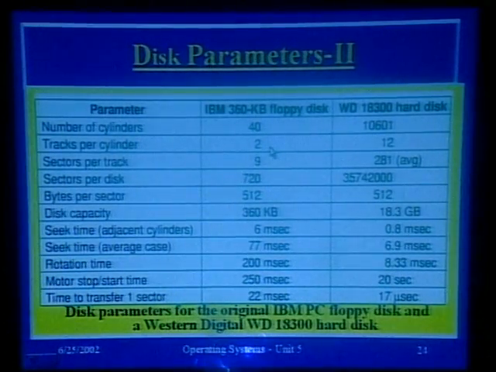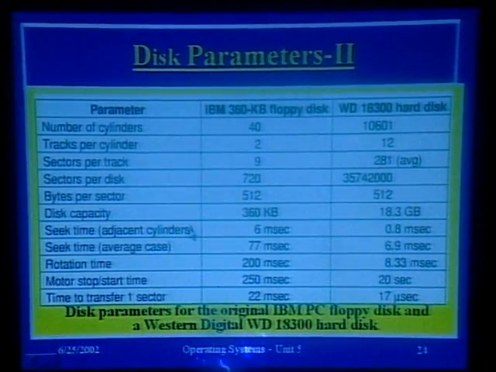Tracks per cylinder 2 and 12. Sectors per track 9 and 281. Sectors per disk 720, and here it is 35.742 million. Bytes per sector, both the same, 512. Disk capacity 360 KB compared with 18.3 GB.